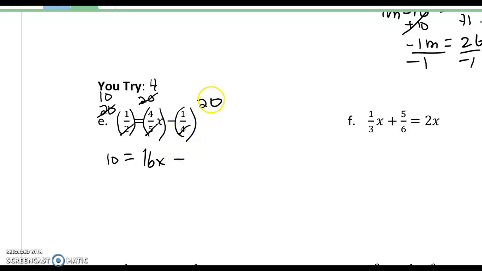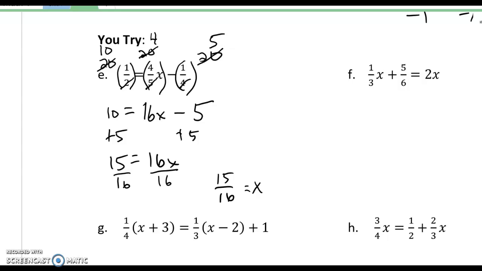This 4 cancels, goes into 20 5 times. 5 times 1 is 5. So that's what should happen when you pick the right number to clear out your fractions. When you undo the operations and solve for x, you should get x equal to 15 over 16.